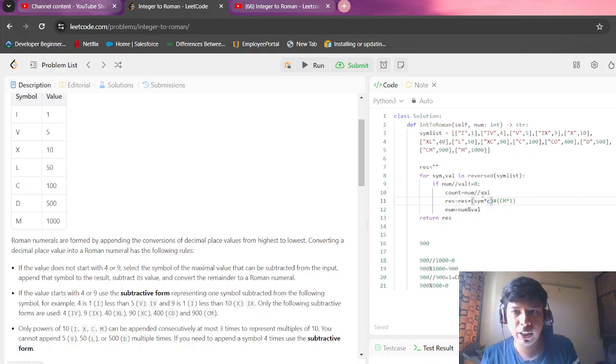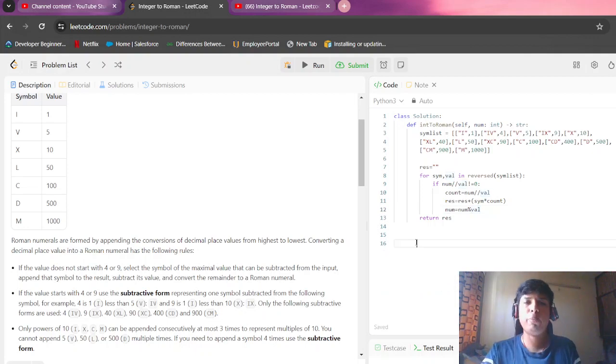Suppose my symbol value is 900, so this count will take how many times my value is being divided by 900. It is going one time, so I am doing cm times 1, which means cm would be the output. Now num modulo val: num again is 900, value is 900, 900 modulo 900 means num becomes 0, and 0 divided by anything will always be 0, so we come out of the loop and we return the value. So basically this is your proper code.